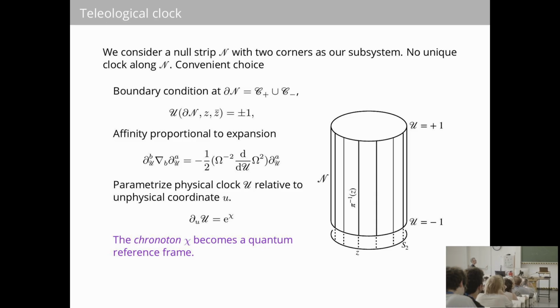And then this defines a clock for this subsystem, and the rate. Then we introduce an auxiliary unphysical time coordinate, and the rate at which this clock ticks defines a new field for us, which I call the chronoton, so time thing, basically.